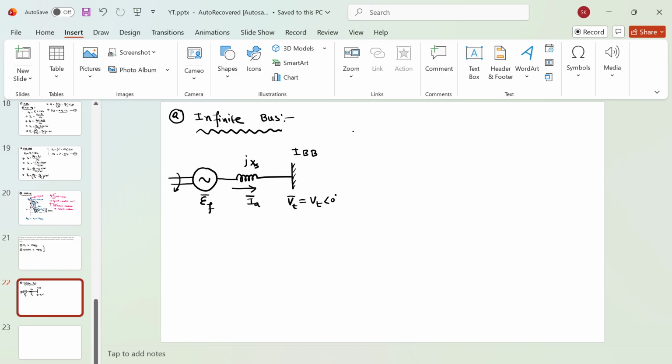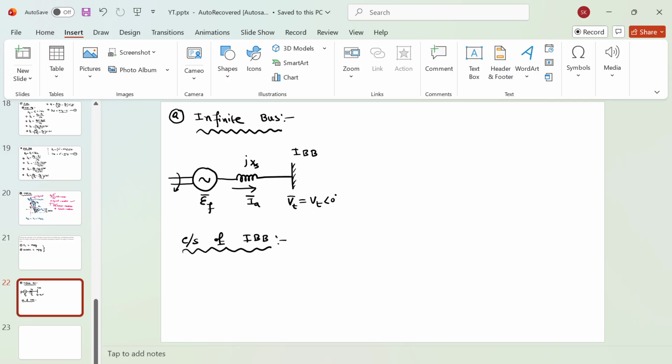Now I want to mention the characteristics of the infinite bus bar. So basically, to see the effect of the change of input and change of excitation on the synchronous generator when it is connected to the infinite bus bar, we must know the characteristics of the infinite bus bar.